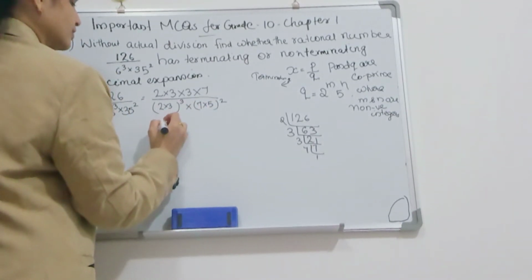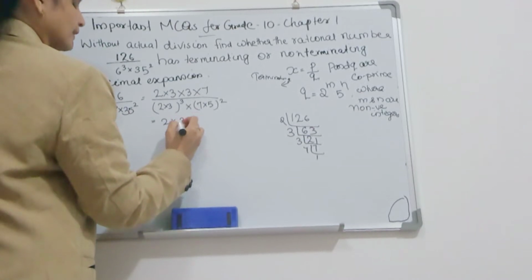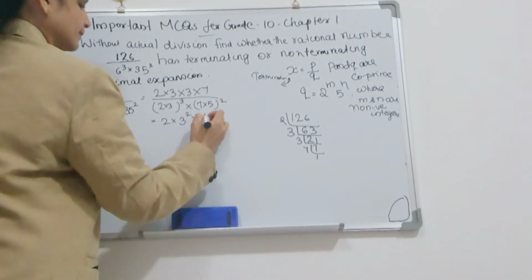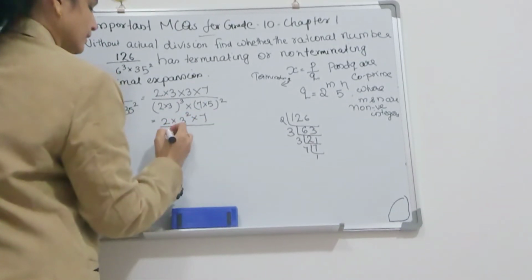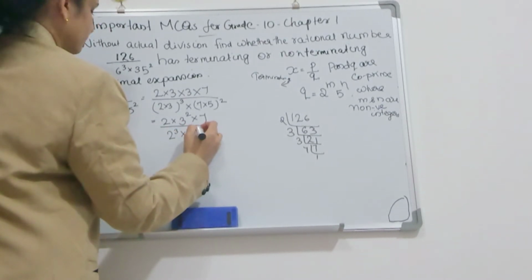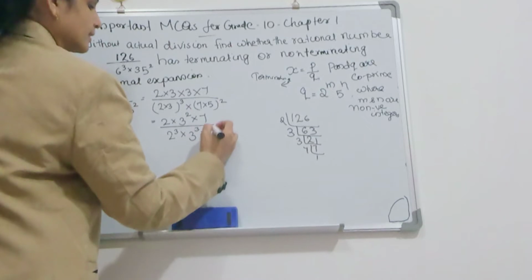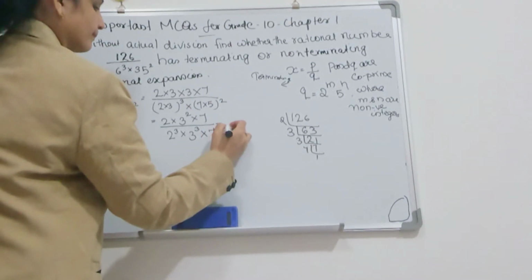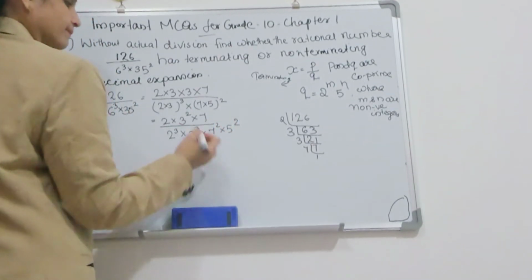So you can write as 2 into 3 square into 7 by 2 cube into 3 cube into 7 square into 5 square.